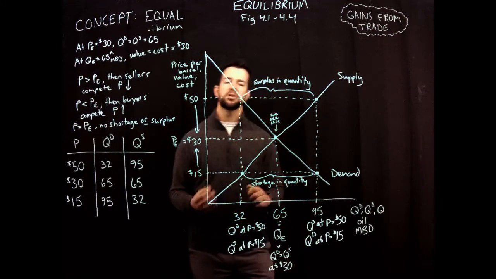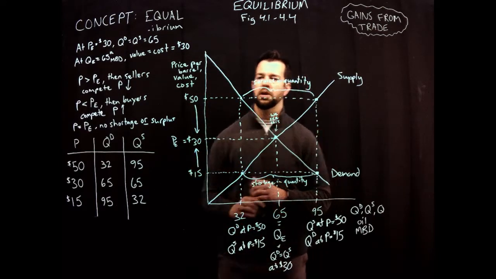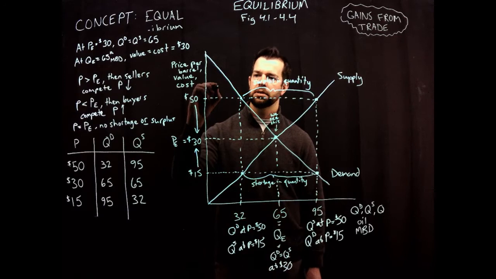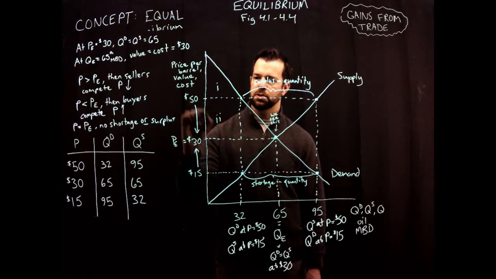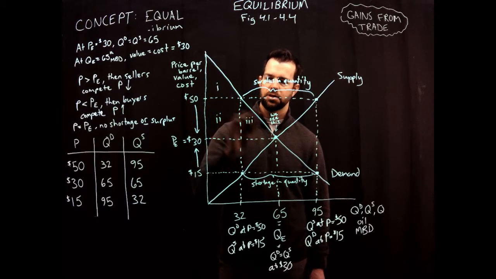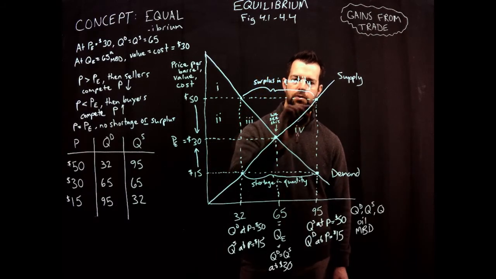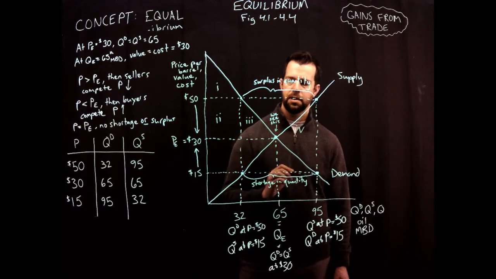So we can measure this actual well-being by looking at the areas of the graph here. And so I'm going to label them as such. I for this triangle, and then we've got II for this square, III for this triangle, IV for this triangle, okay?